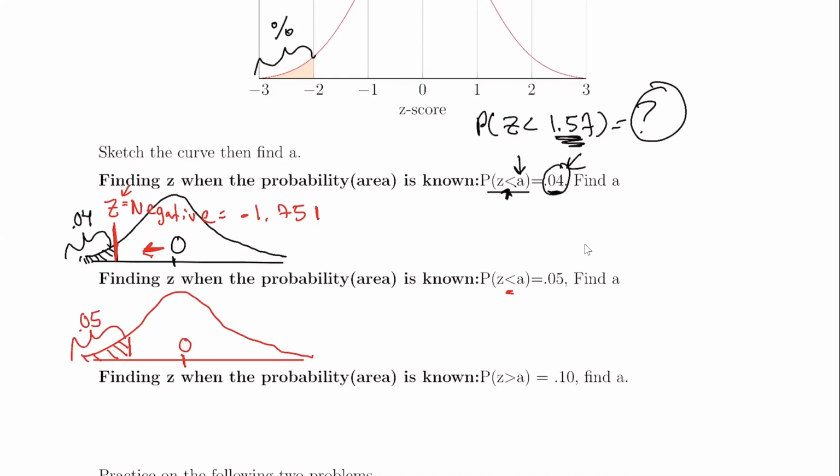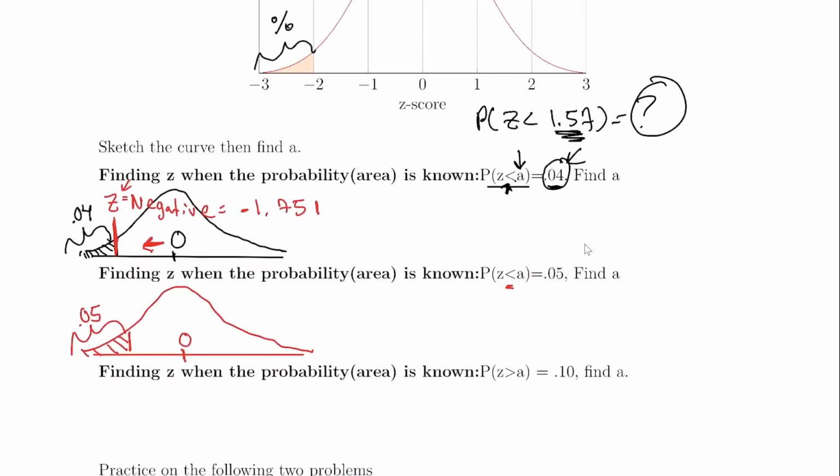So we want to find this z value, what that z value has to be in order for the left side to have 0.05, or 5% of the data set. Any question in regard to that drawing so far?